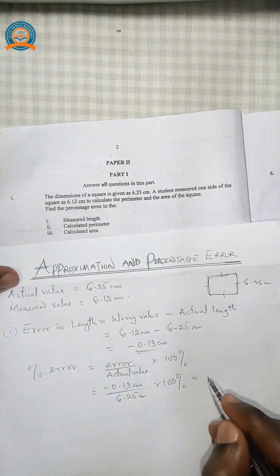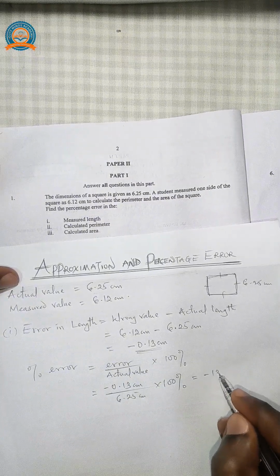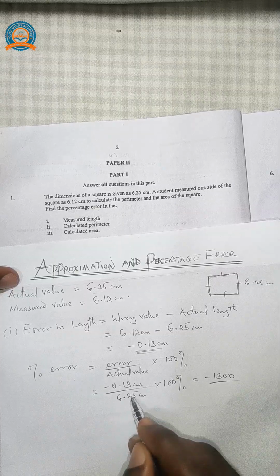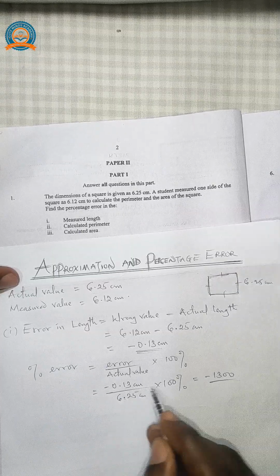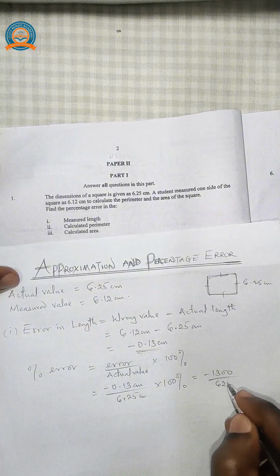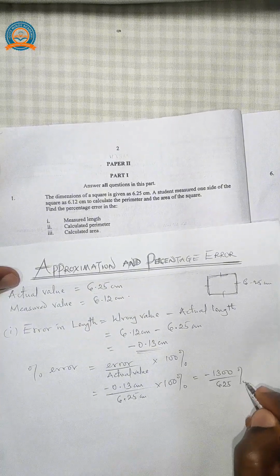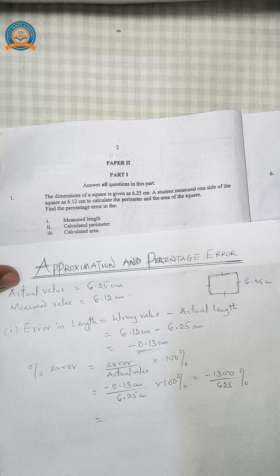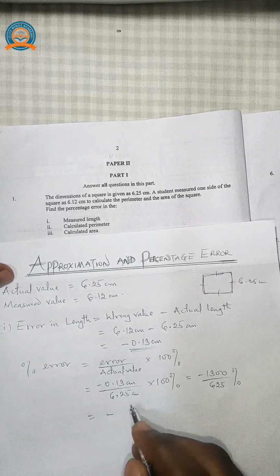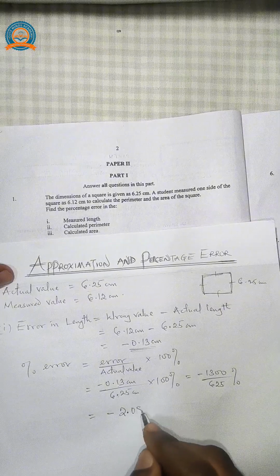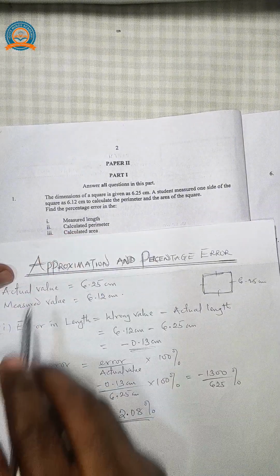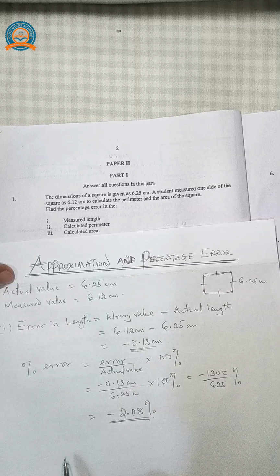So this should give us minus 13 times 100, which is 1,300, all divided by 625%. So if we punch our calculator, we should get the value of this to be negative 2.08%. That's the percentage error in the measured length.